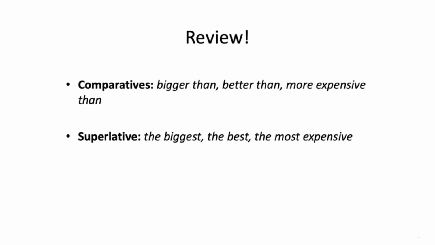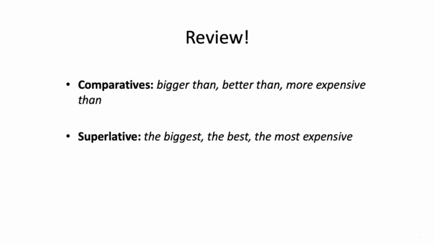For adjectives with more than 2 syllables and certain ones with only 2, we use the words more and than to create the comparative and the most to form the superlative.